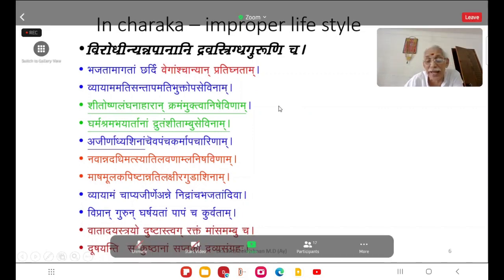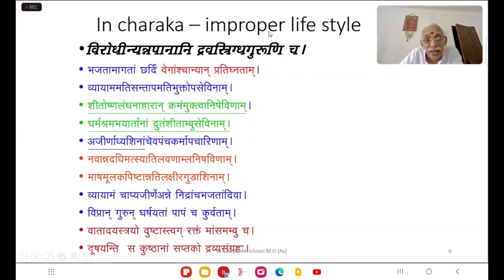So in Charaka, again in the Kushta Nidana Prakarana, he tells about improper lifestyle: Viruddhani Annapanani, Dravasnigdha Guruni. Yes, instead of Havi Prashana, years back; nowadays also Viruddhahara and Dravasnigdha Guru Annani, Ruksha Annani, are very relevant.